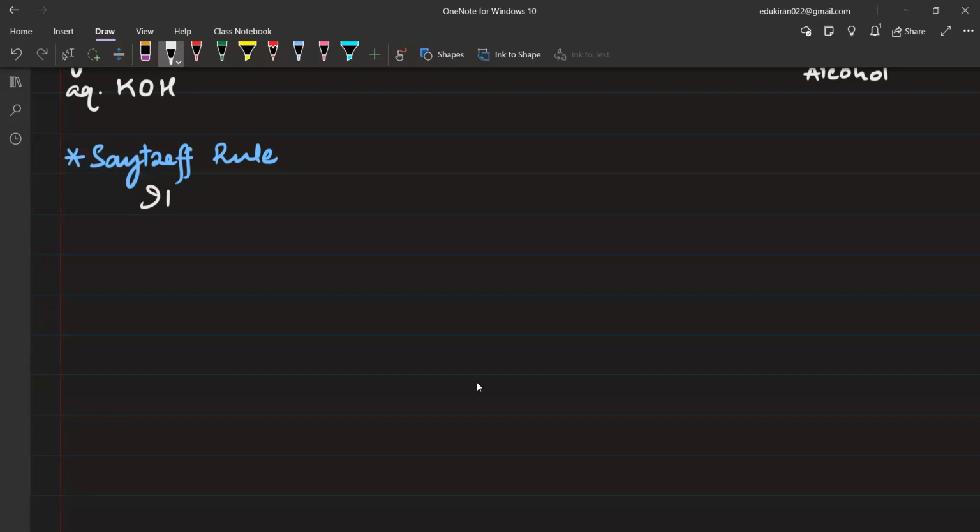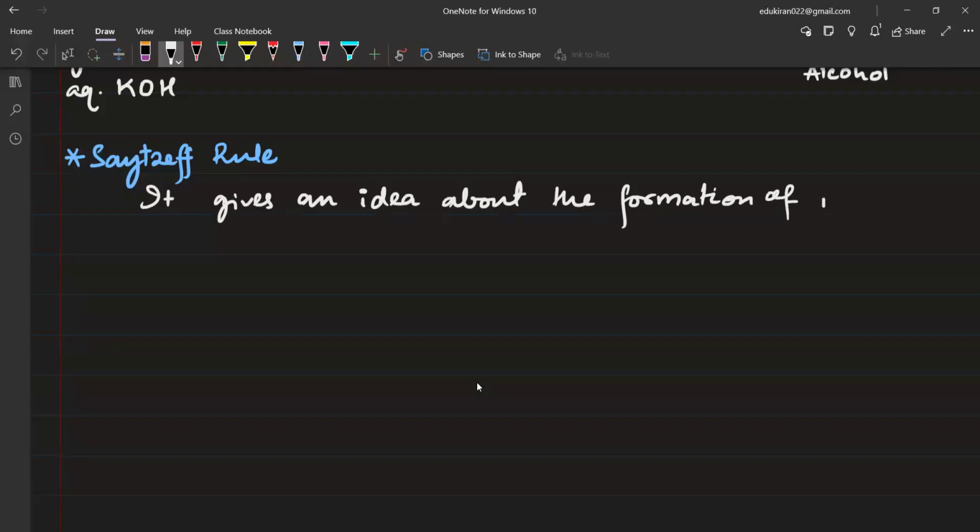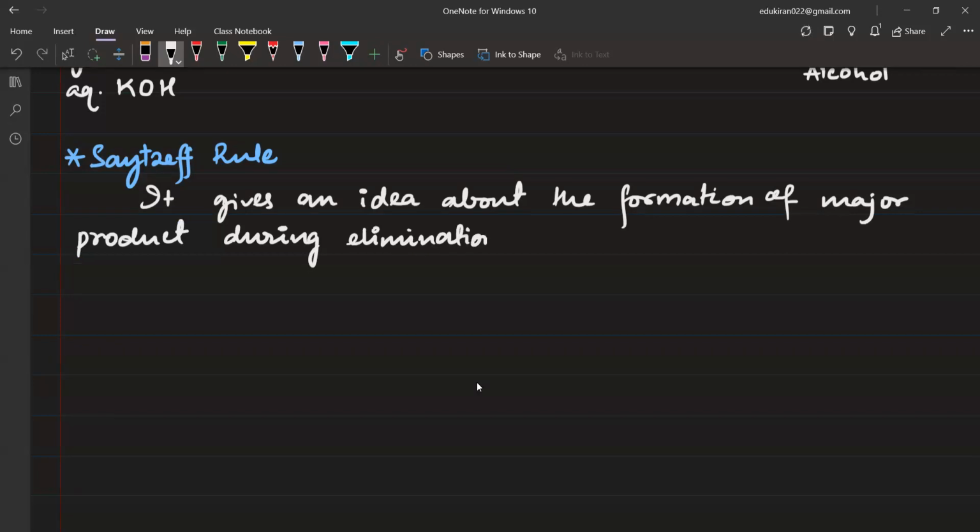So it gives an idea about the formation of the major product during elimination. During elimination reaction, what is the point? Saytzeff's rule. Please remember.